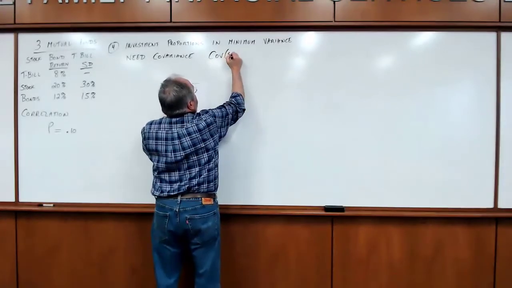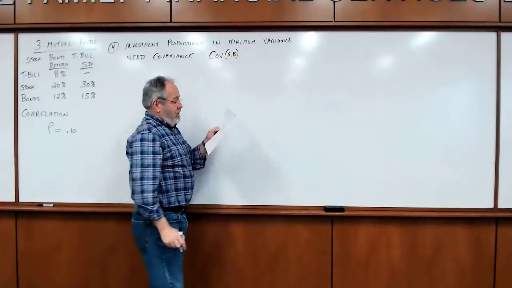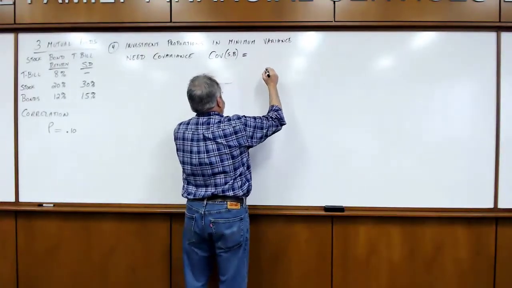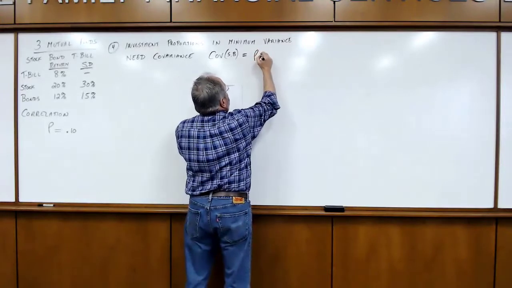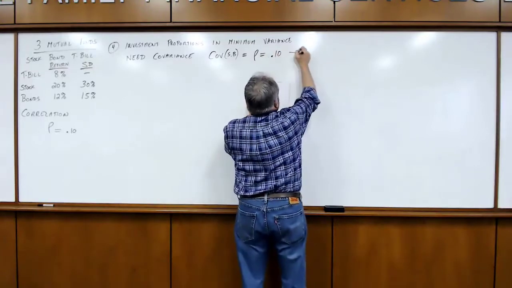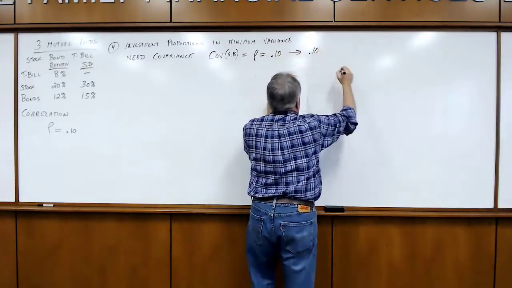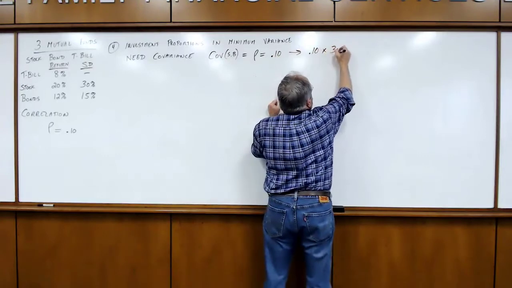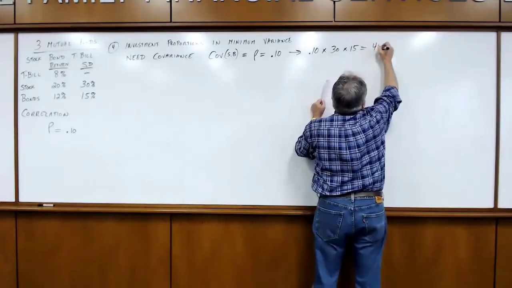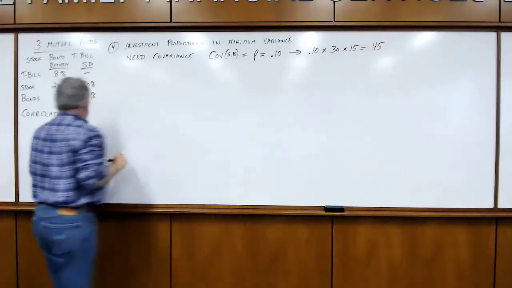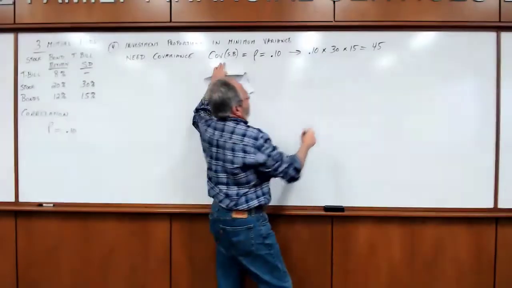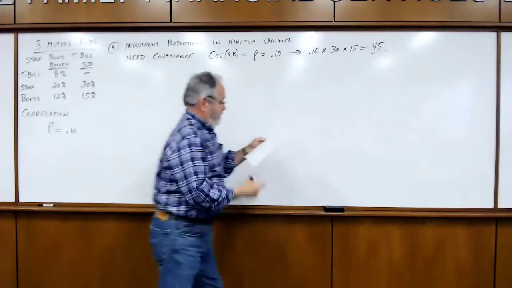Covariance between stocks and bonds is equal to rho, which is equal to 0.10, times 30 times 15, 45. We said correlation was 0.10. So we have a covariance then of 45.